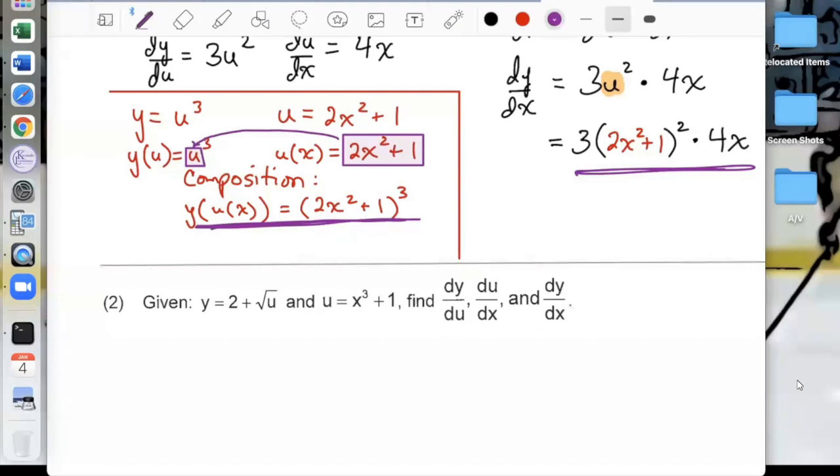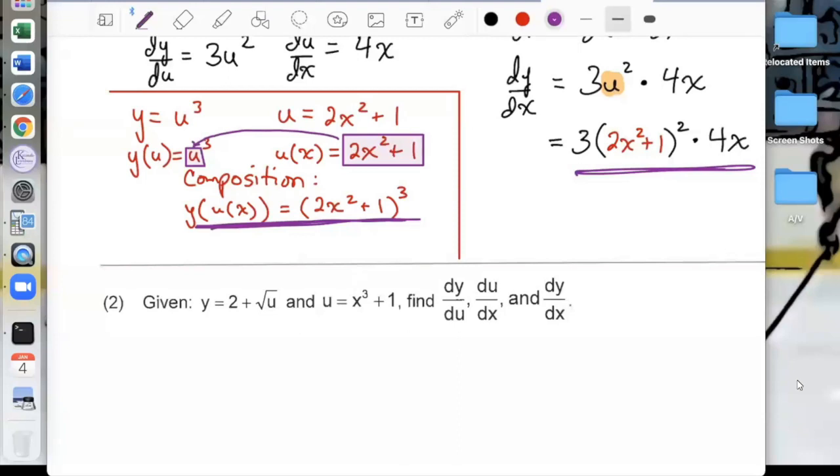So instead of having a monstrosity like 2x squared plus 1 to the third, which actually isn't terrible, you have something that's power rule ready. It's a tongue twister, so I have to say that slowly. But you have something that's pretty simple to work with. Power rule ready. Maybe it's a simple trig function, maybe it's a simple log function, but it's not a complicated monstrosity. That's the whole idea.